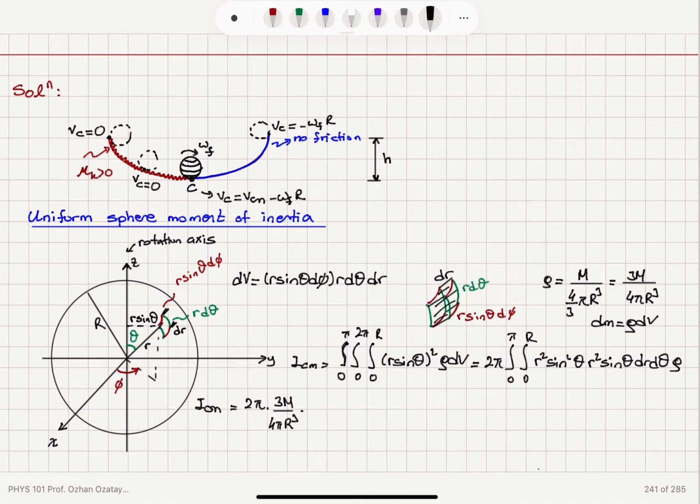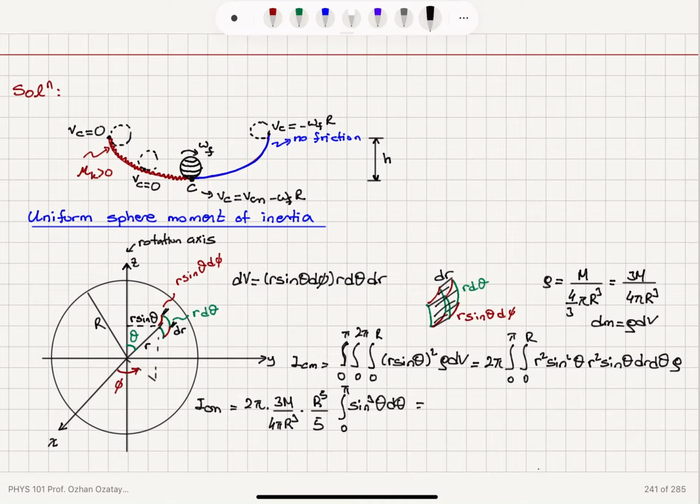The r integral, r to the 4 dr, gives me capital R to the 5 divided by 5. And then I have the remaining theta integral from 0 to pi, a sine squared theta multiplied with sine theta d theta. That's going to give me the integral of sine cubed theta d theta.